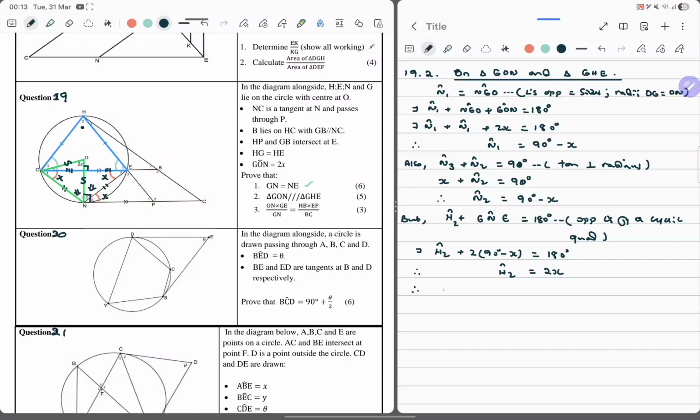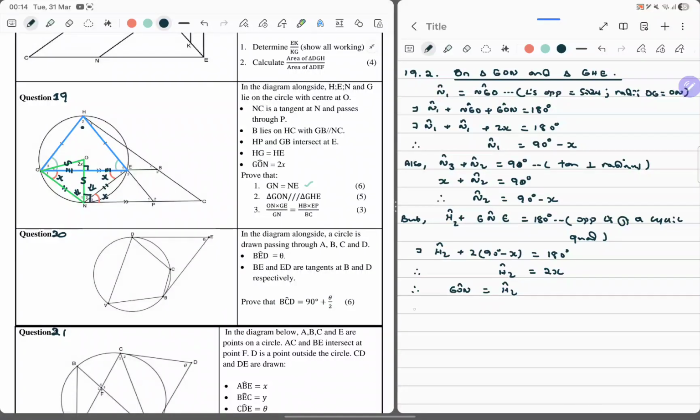So we can say, therefore, we appreciate that GON, or whatever GNO, this is GON, is equal to H2, right?